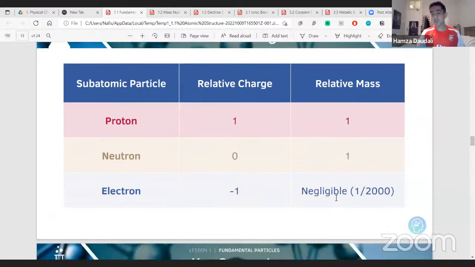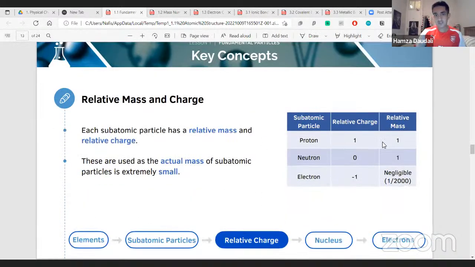So an electron is much smaller, which means that an electron is very electronegatively dense, in the sense that its negativity is incredibly densely compacted within the subatomic particle, whereas a proton's charge is quite spread out within that particle. So as we can see, we've got all of these subatomic particles and their relative masses and relative charges.